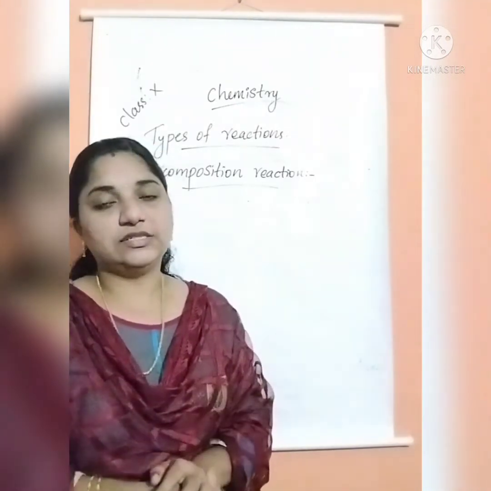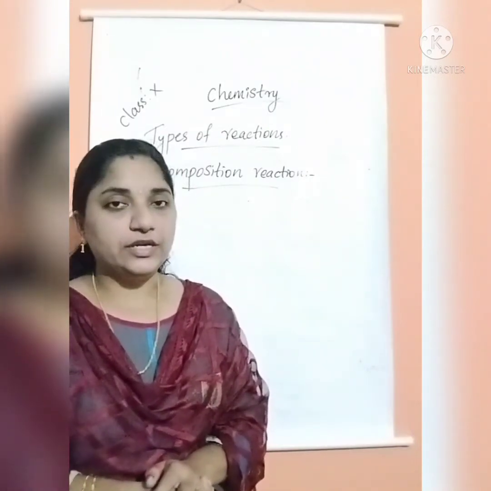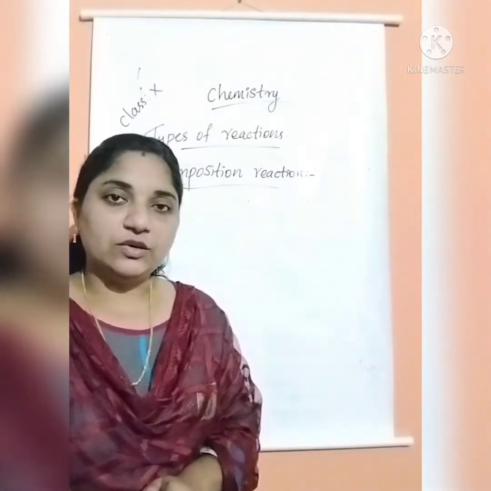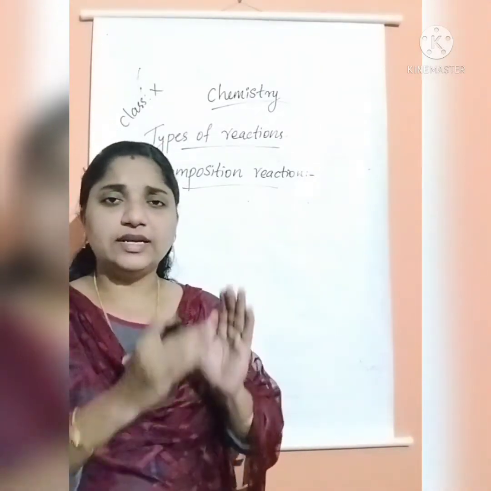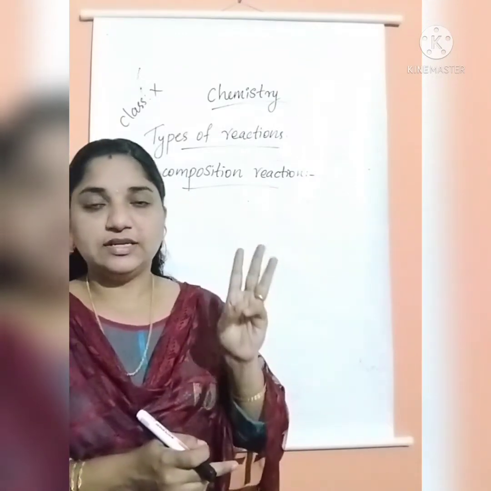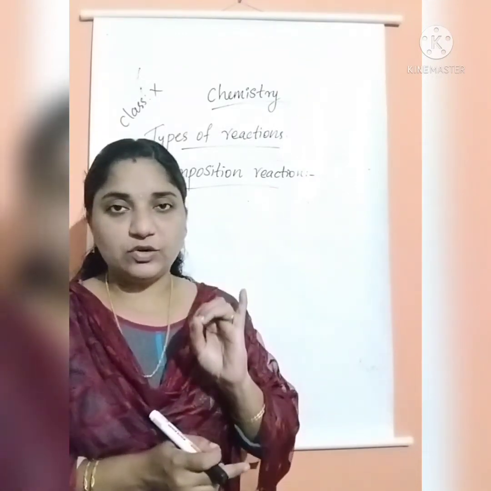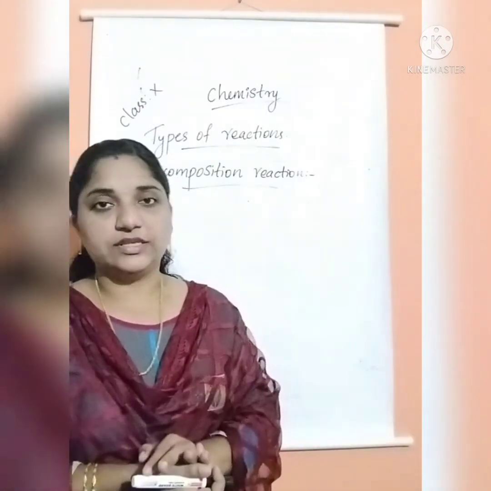Again we heat. What happened? It decomposes into ferric oxide, sulfur dioxide and sulfur trioxide gas. That is, three products are formed: first ferric oxide, then sulfur dioxide gas, then sulfur trioxide gas.